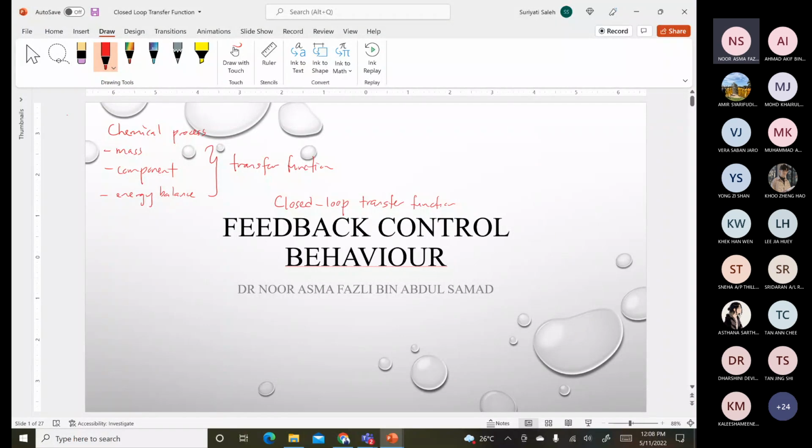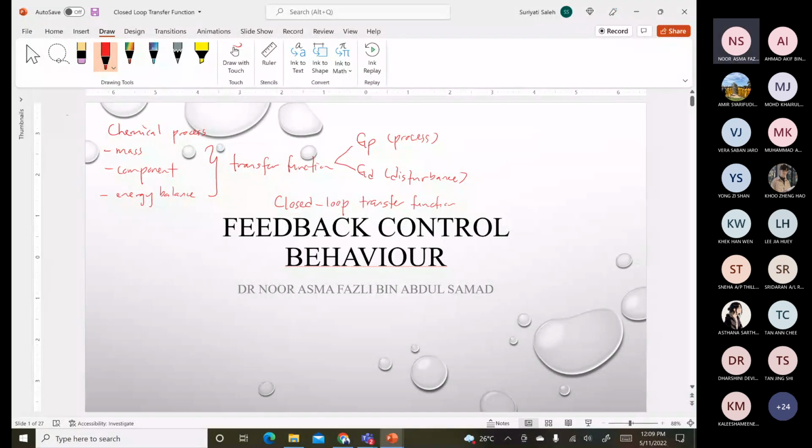So based on the balance, in the end you will end up with two transfer functions. Sometimes we call them the process transfer function, GP, and GD, where GP is the process. The G stands for the transfer function, the P refers to the process, and the D refers to the disturbance. This is in the case you have two transfer functions based on your derivation. If you have only one, then automatically it becomes the process.